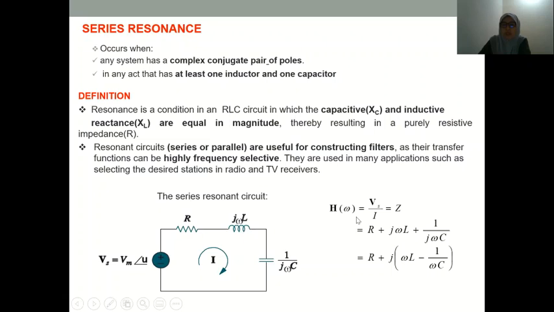The transfer function, V divided by I, is equivalent to the total Z. The total series impedance is R plus j omega L plus 1 over j omega C, which means R plus the imaginary part, omega L minus 1 over omega C.